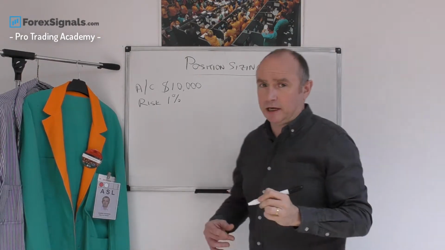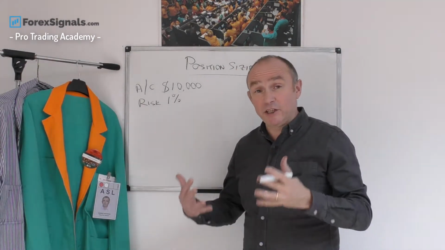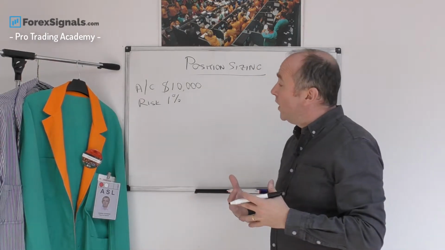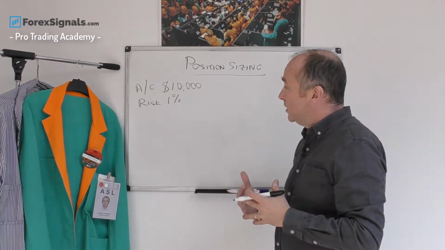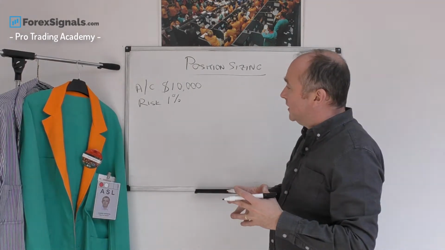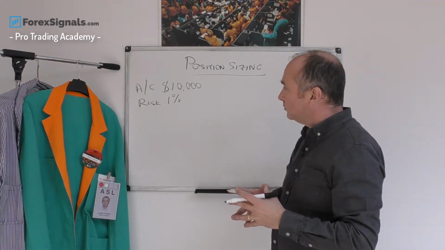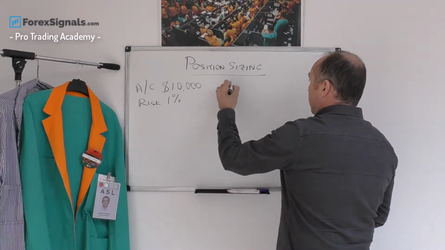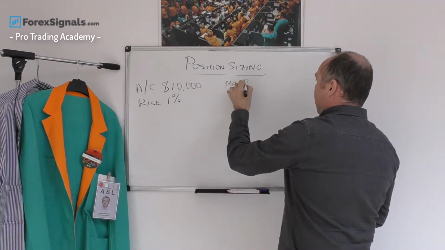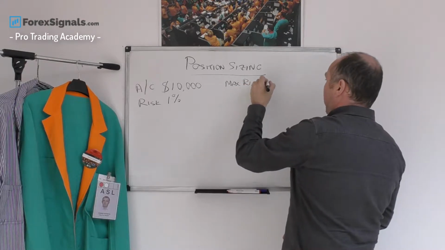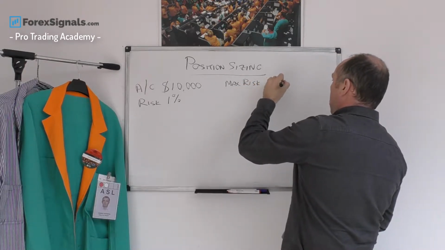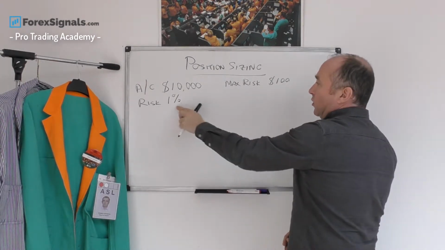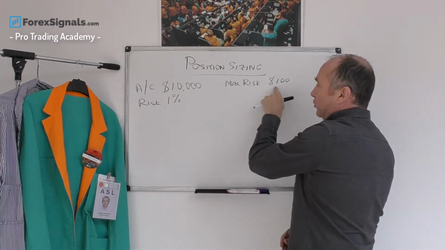Now, remember when we discussed compounding, using a percentage of the account is the most effective way to grow the account and protect the account when you are in losing periods. So in this example, we'll just use 1% as an arbitrary number. So 1% of 10,000 from our opening trade will give us a maximum risk that we're prepared to accept on this first trade of $100. But clearly, as the account balance changes, so will the 1% of the balance change, and that will change every trade.